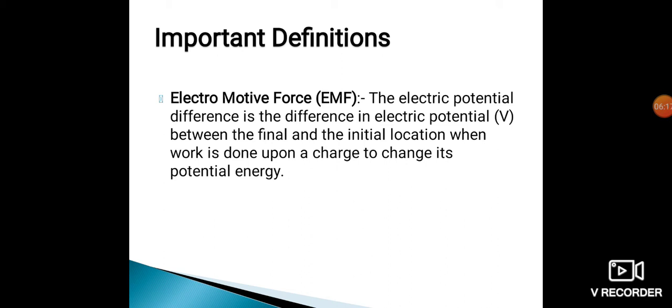That means that potential difference is caused by the electromotive force. So the definition is somewhat similar. Potential difference is caused by a force. Which force? Electric force. And to create this force, we have a term called EMF, that is electromotive force.